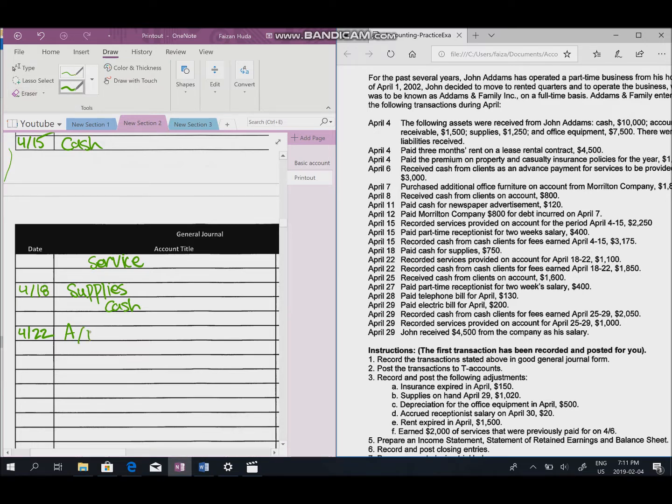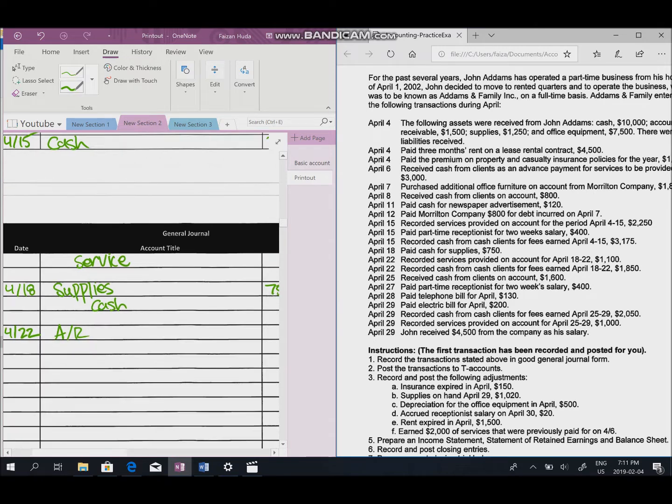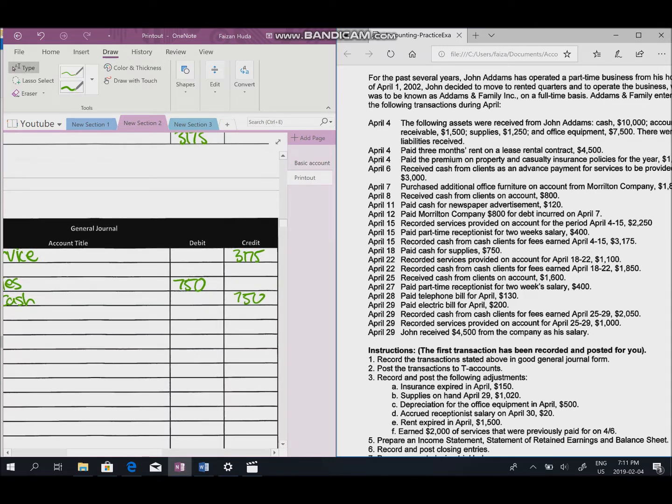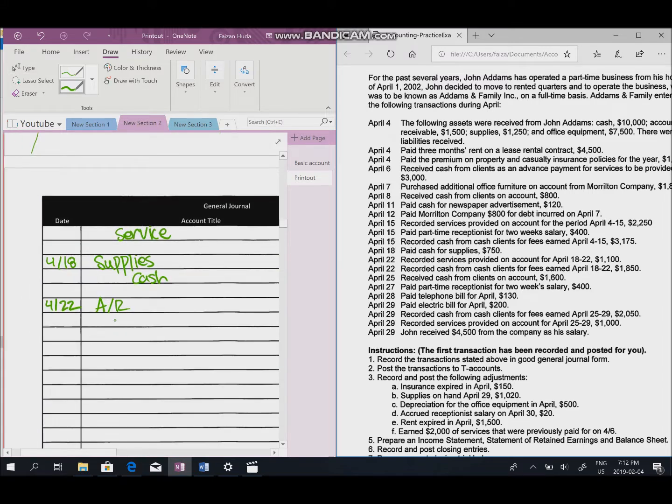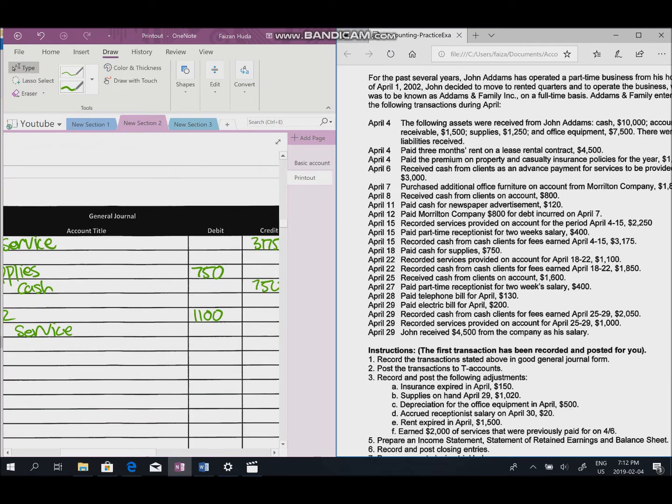But on an exam or a test, just confirm with your teacher if you can use the short form. So that would be 1,100. So debit. Then you credit service revenue since you earned it. You already provided this service. And 1,100.